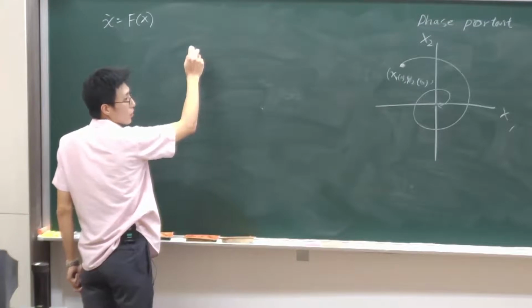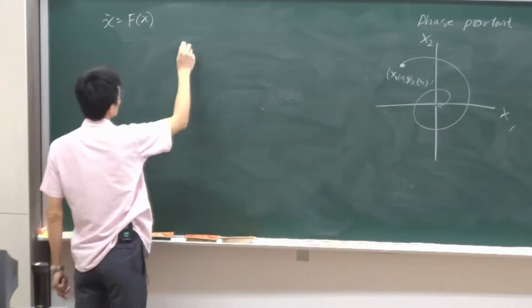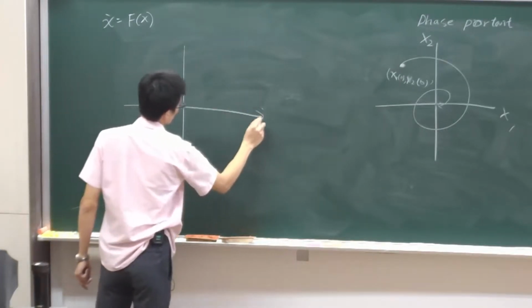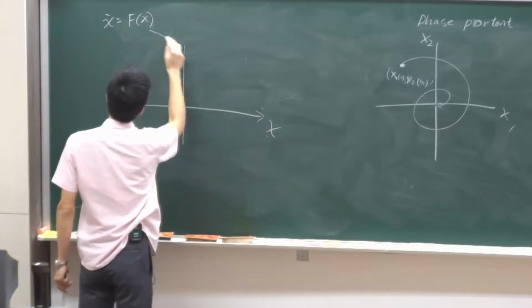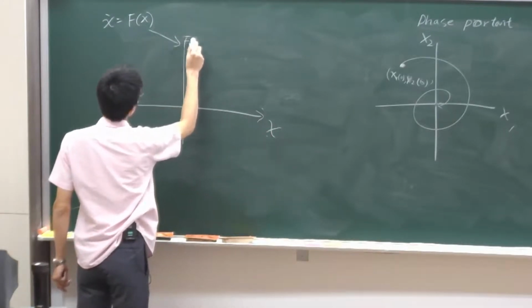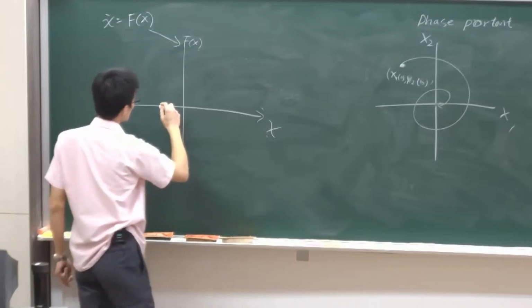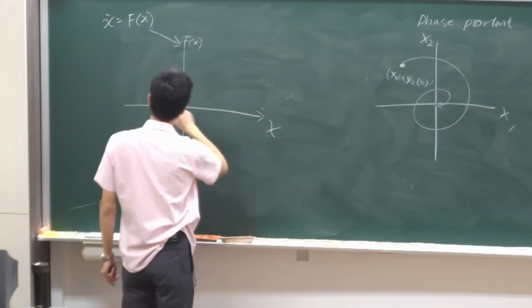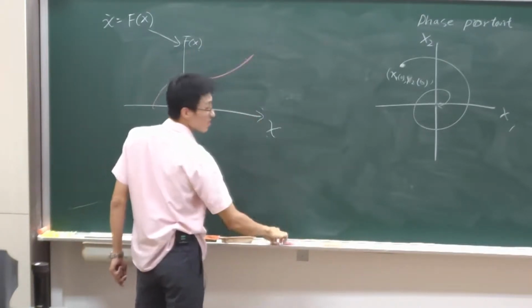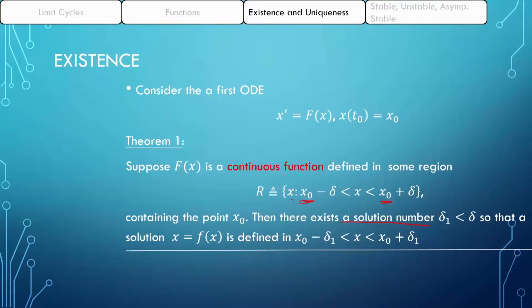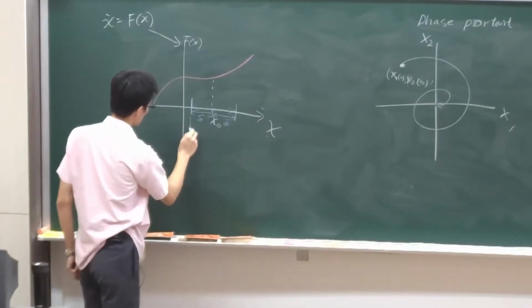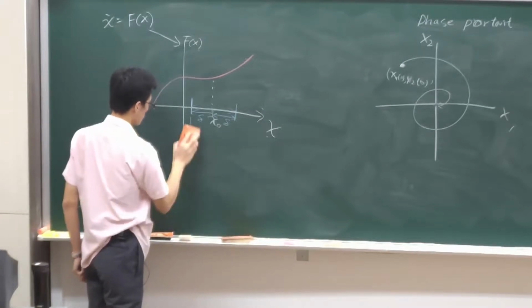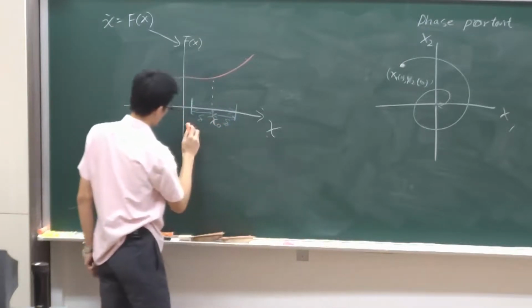And next, we check if this function is continuous, defined in some region around x0. In other words, here is x0 minus delta.